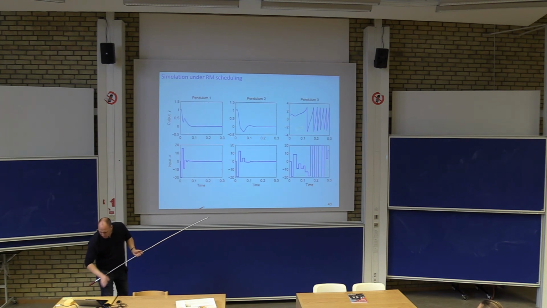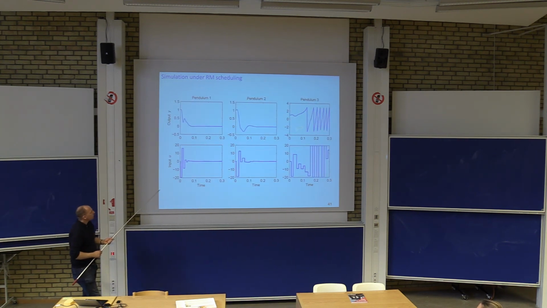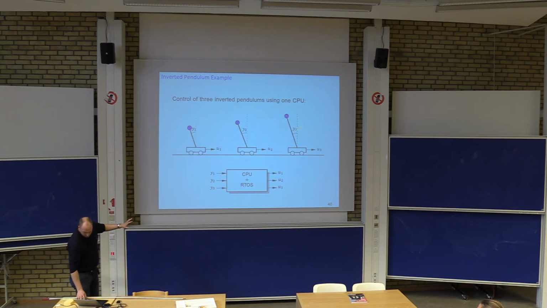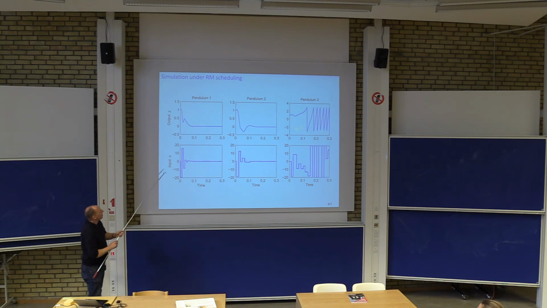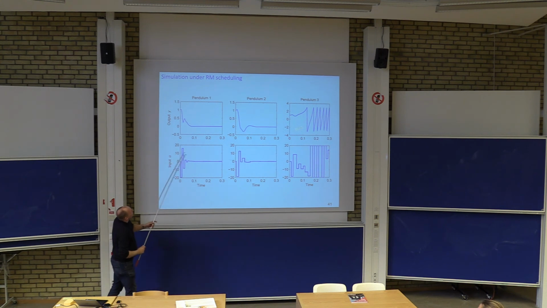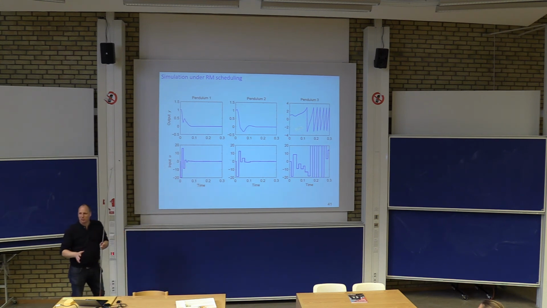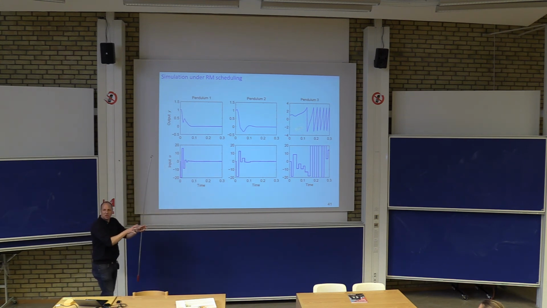We will not go into the design of the controllers here. We just say that all the controllers, if they were executing alone on the processor, would have no problem stabilizing the pendulum. But now we simulate this system, assuming that the controllers are all sharing the same processor.